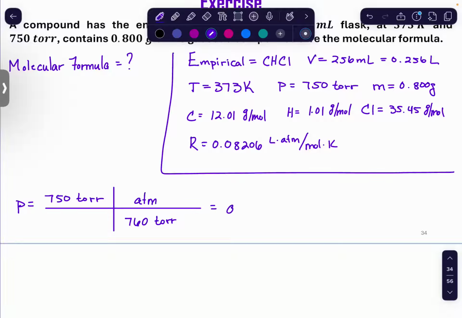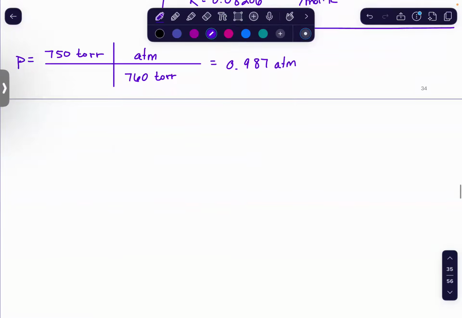That's going to give 0.987 atmospheres for our pressure. Now, you remember that for the empirical formula, we need a multiplier for our subscripts. And so we need the molar mass of the empirical formula. We also need the molar mass of our actual compound. And remember, we're going to divide those two to get that multiplier. So same idea as last time, we just have to go about getting the molar mass in a different way.